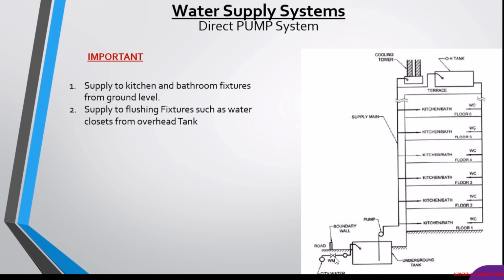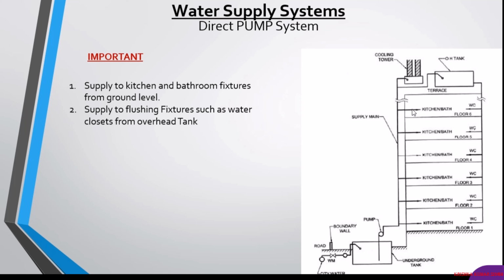Now we use another pump to transfer the water from the underground tank to the entire building. This line represents the supply main pipe. While moving upward in the direction of the building, we supply all the floors from bottom to the top.